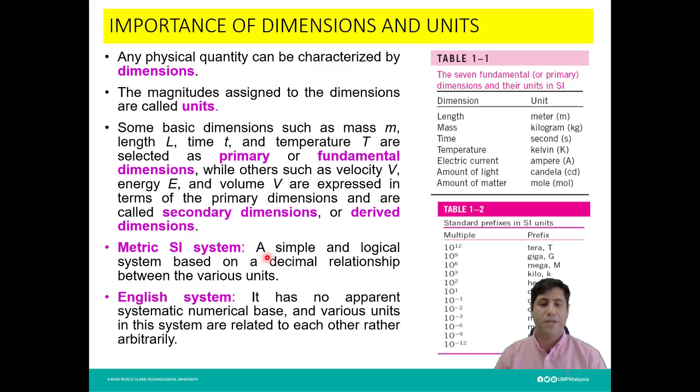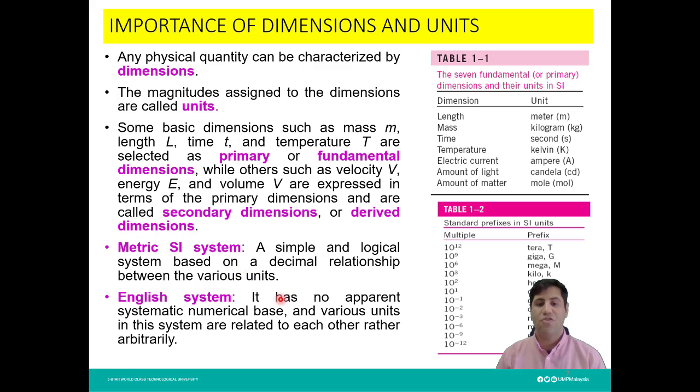The metric or SI system is a simple and logical system based on a decimal relationship between the various units. So we will have a unit, then by finding a logical relationship between that one, we can find the value for the other units. Later we will see how we do that.